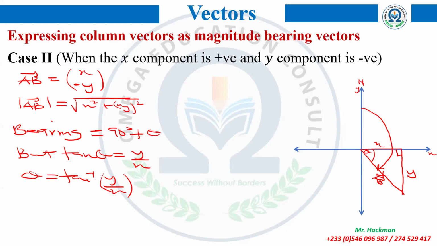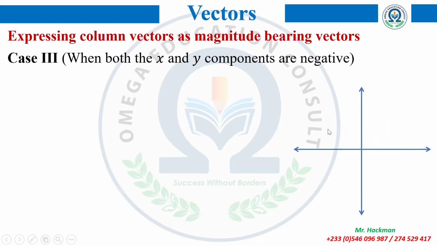So now two more cases. We've dealt with the vector in the first quadrant, now the fourth quadrant. I'm moving in this direction, so this becomes the third quadrant, and then the second quadrant. So let's go to the next one. Case 3: when both x and y components are negative.